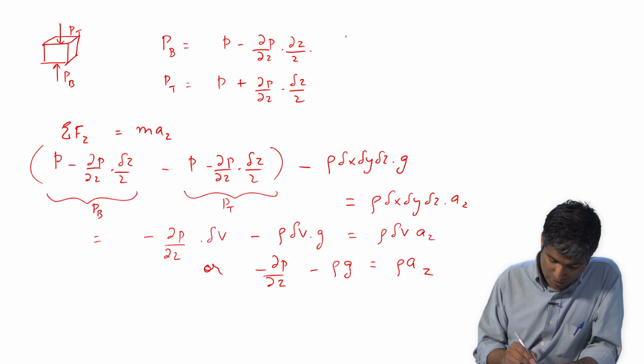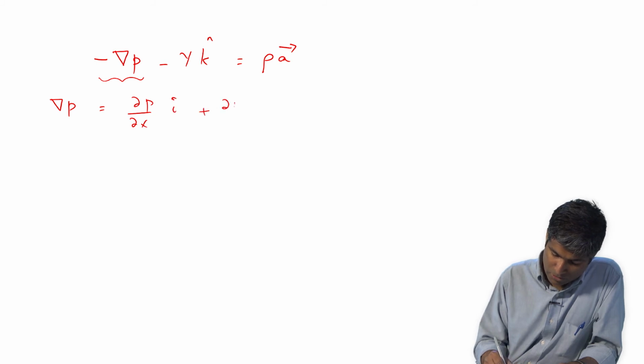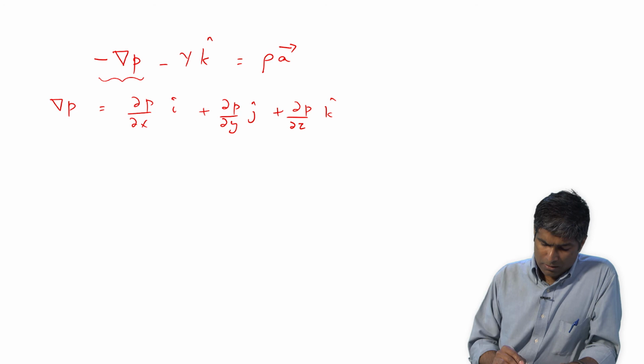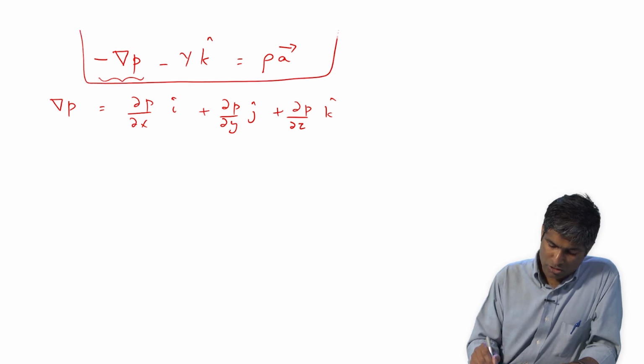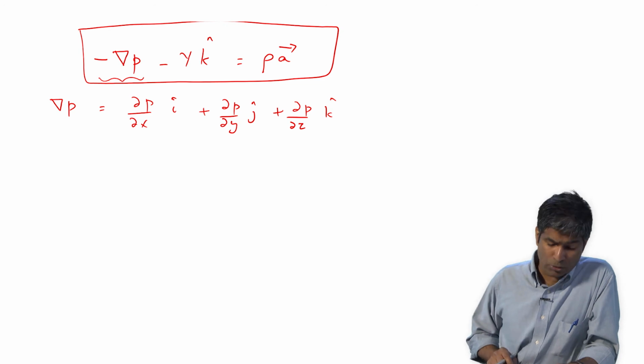We know that in general, ∇P would be a vector that looks like this: ∂P/∂x i plus ∂P/∂y j plus ∂P/∂z k. So this equation in the box here is really three separate equations for the three directions rolled into one.